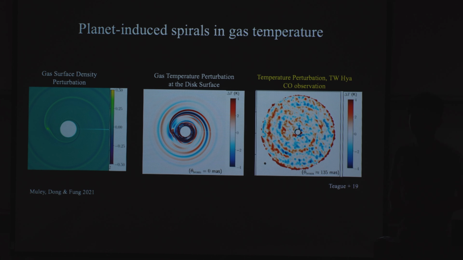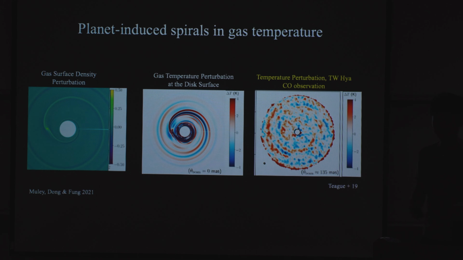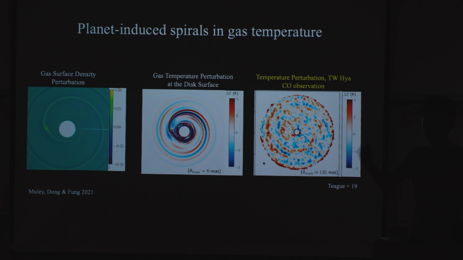Higher density means higher pressure. So when gas moves into the spirals, they move into a high pressure region, so they're compressed. They're compressed, so they're heated up, they develop a higher temperature. And then when gas leaves the spirals, they go into a low pressure region, so they're decompressed and they cool down. From this simple argument, you can see density perturbations are supposed to come with temperature perturbations as well.